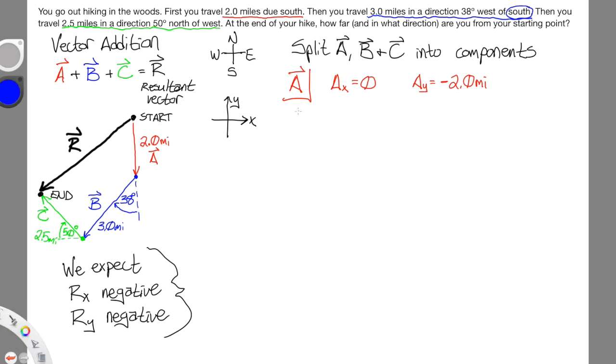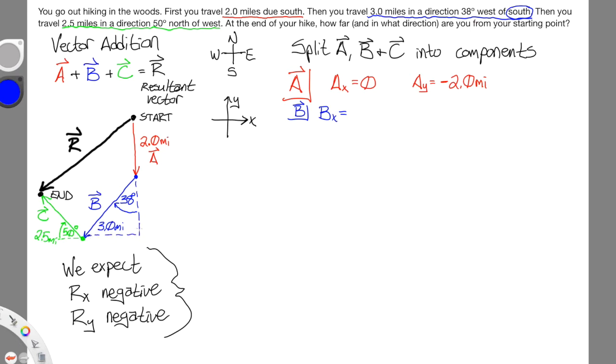We can do the same thing for vectors B and C as well, where that little arrow over the top means that it's a vector. So Bx is going to be the x component of this vector B over here, and you can work through the trigonometry step by step if you need to.